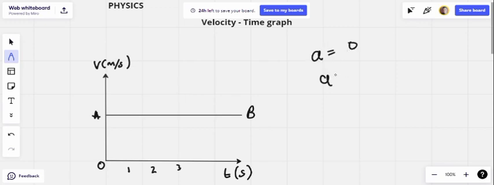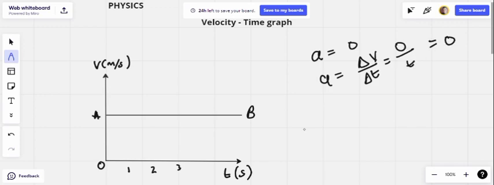Reason being that acceleration is what? Change in velocity over change in time. But here you see that the velocity on the vertical axis is not increasing and it's not decreasing. So the change in velocity there is zero over time. Whatever the time is, zero divided by anything will give you what?